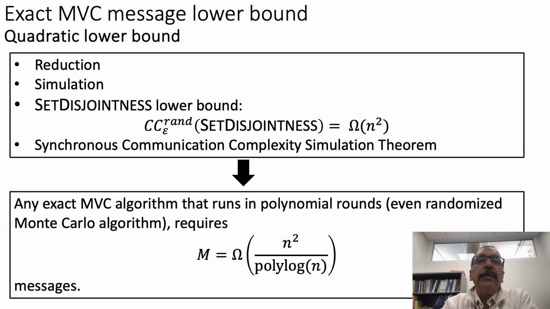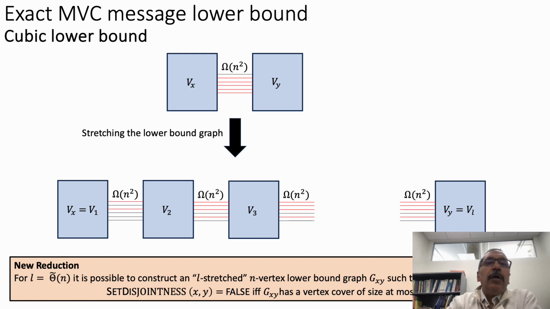Now, putting together the reduction and simulation from the Sarma, Khoury, and Paz paper, along with the set disjointness communication complexity lower bound and the synchronous communication complexity simulation theorem just mentioned, we get a quadratic lower bound on the number of messages needed to solve minimum vertex cover exactly. To amplify this quadratic lower bound to obtain a cubic lower bound, our high-level idea is to simply stretch the lower bound graph. This is visually depicted in this slide.